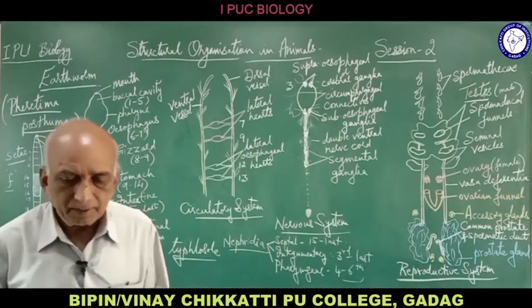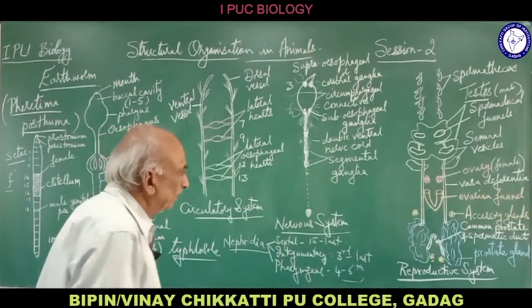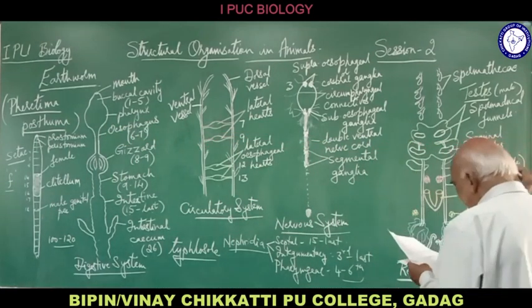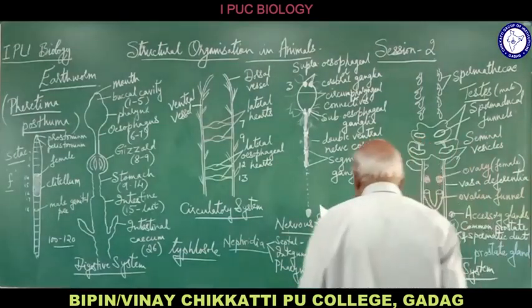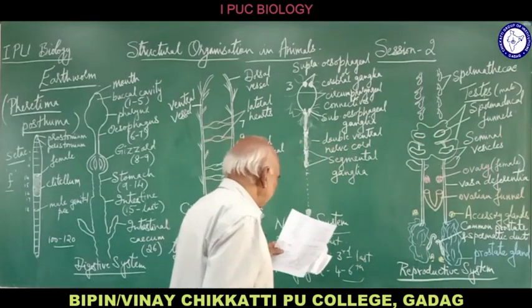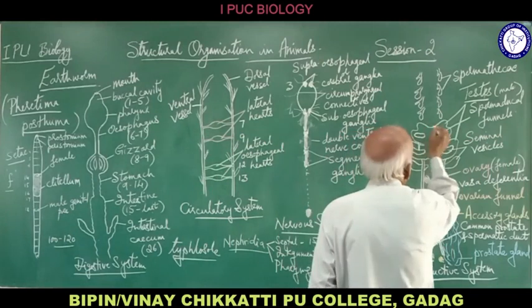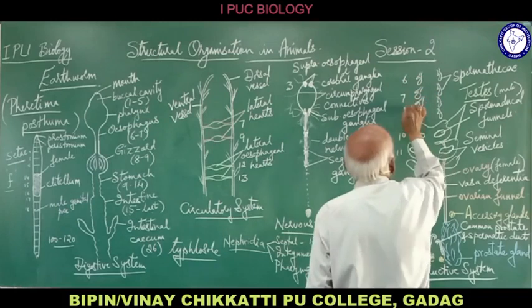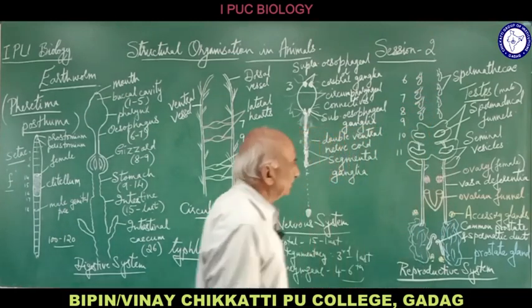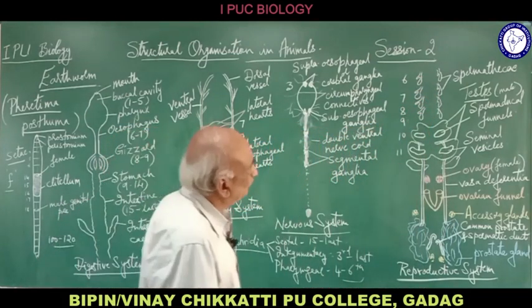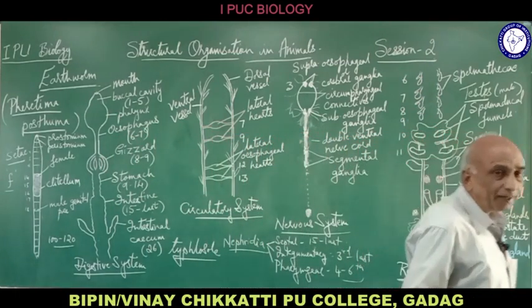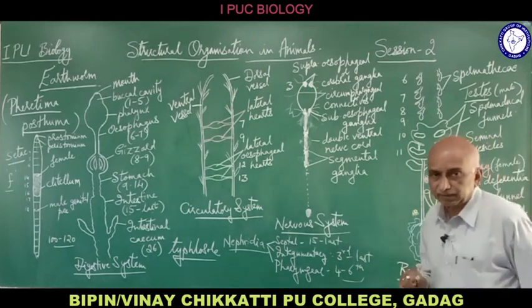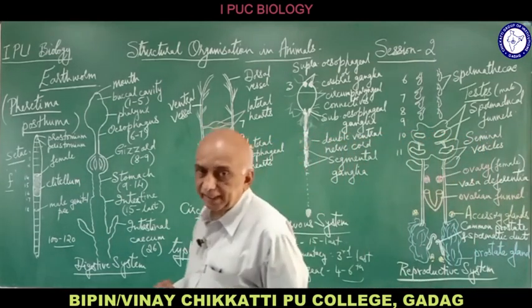So this testis and ovary are present. The testis is present in the 10th and 11th segment. And from the 6th to 9th segment, there are 4 pairs of sac-like structures which are called spermathecae.